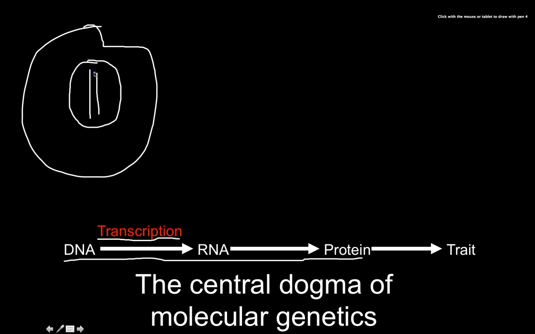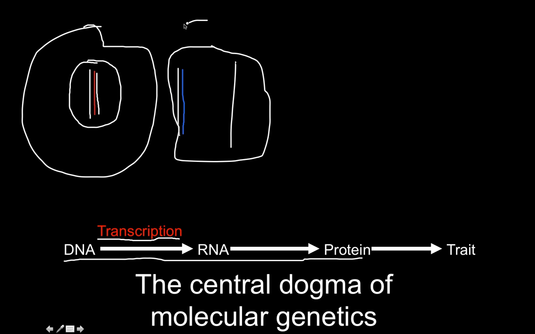RNA polymerase is going to break the hydrogen bonds. When those hydrogen bonds are broken, the DNA strands separate and we make an mRNA strand off of one of the DNA template strands. And again, all of this is happening inside of the nucleus, that is inside of a cell.